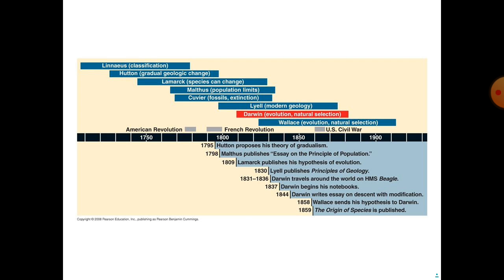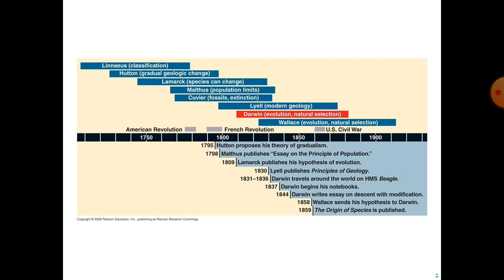We have first Linnaeus, or Carolus Linnaeus. He focused on classification, or what we all know now as taxonomy. Next is James Hutton, with gradual geologic change. He believed that Earth is much older than what was perceived during those times.